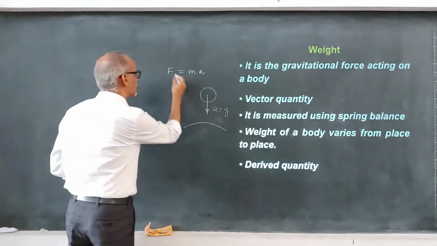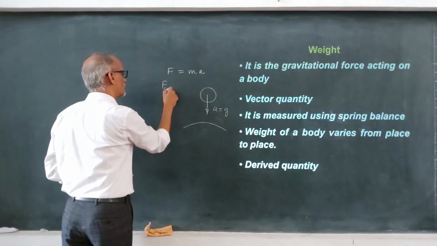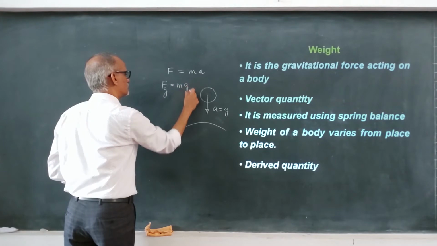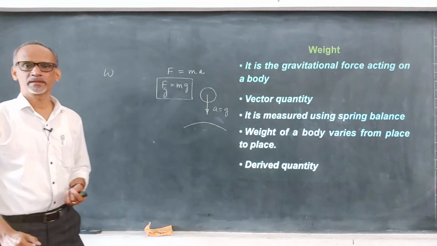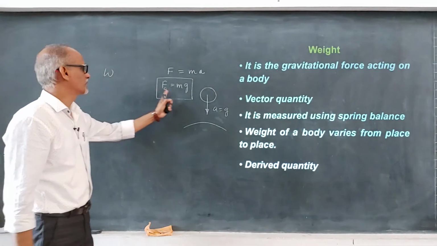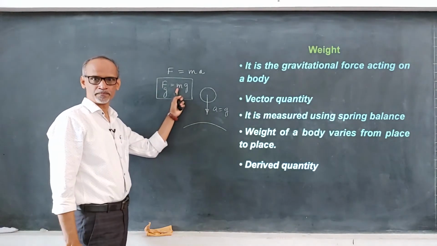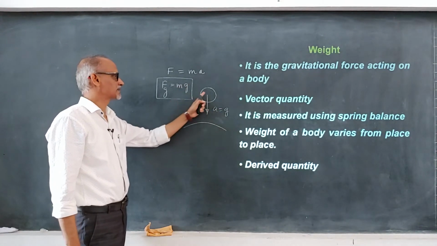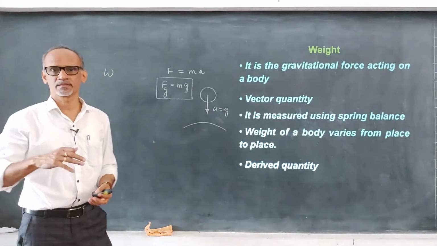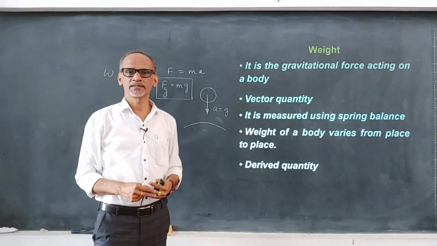Therefore, the gravitational force is given by the formula mg. Remember, this is an important formula. So how do we calculate the gravitational force? Fg is equal to mg, where m is the mass of the body, and g is the acceleration when it is very close to the earth, not when it is at a very large height.